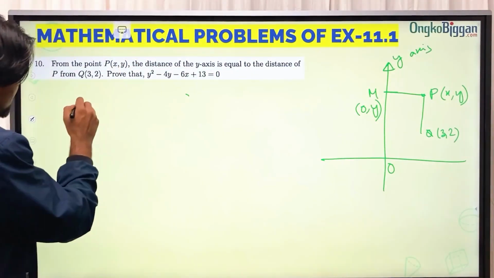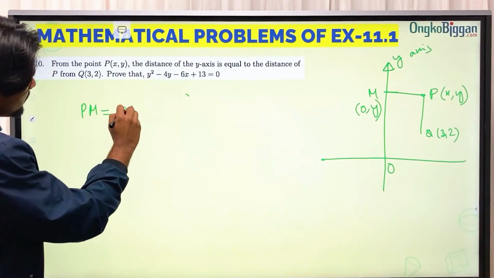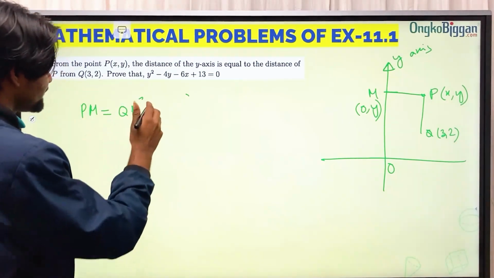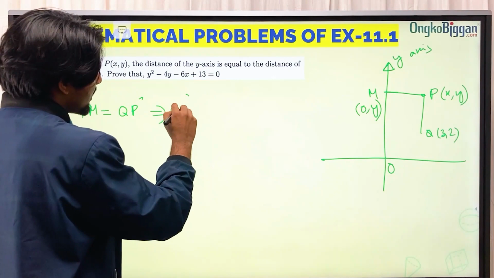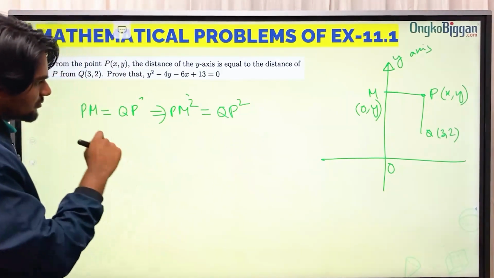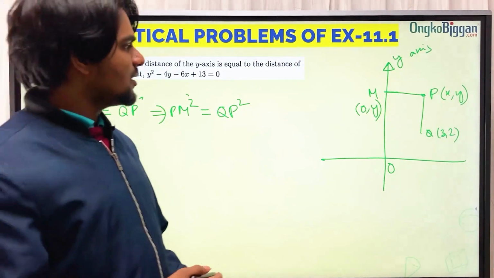So we got PM is equal to QP. This is what we're going to work with. We write PM square is equal to QP square, because we can do squaring on both sides. Now we find the distance between the points.